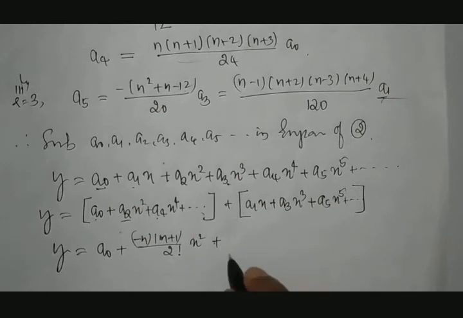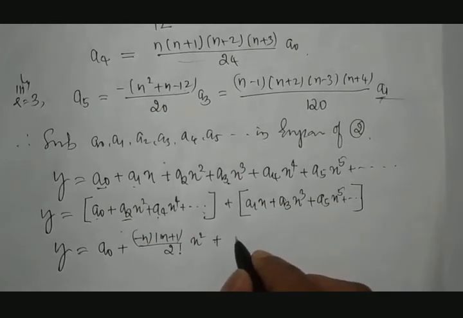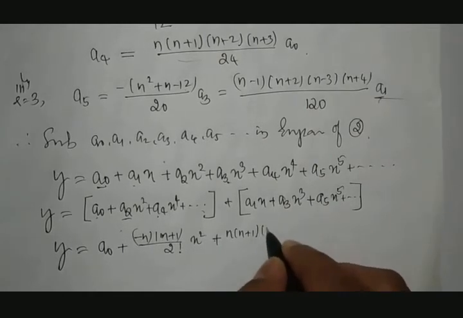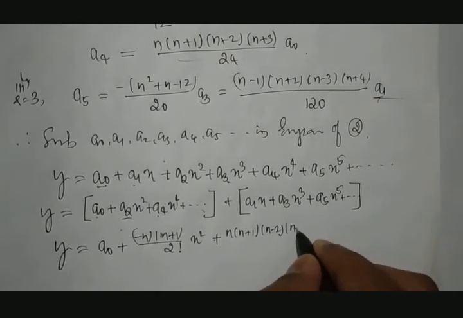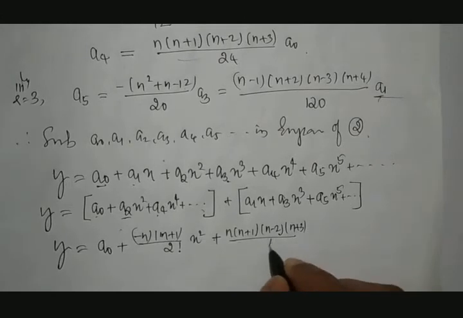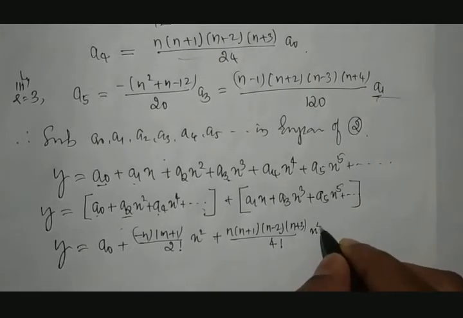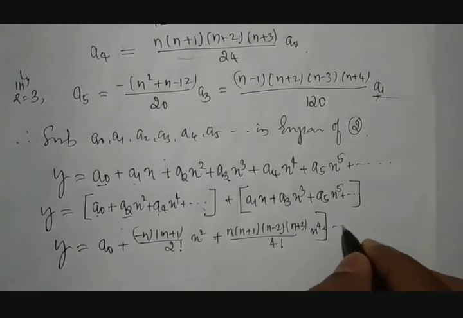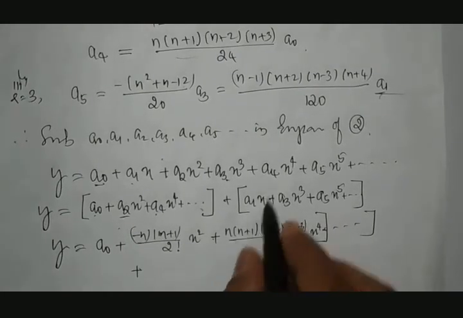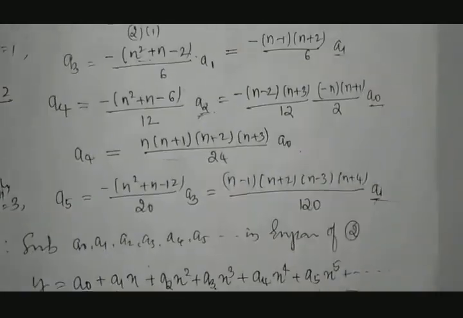So that is n into n plus 1 into n minus 2 into n plus 3 divided by 4 factorial into x raised to 4 and so on, plus here A1. What is A1?